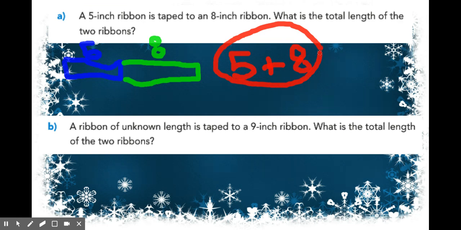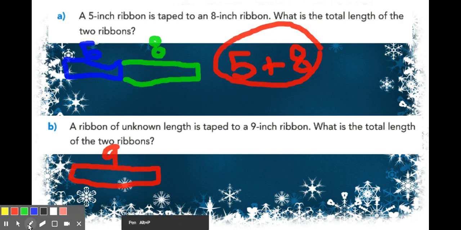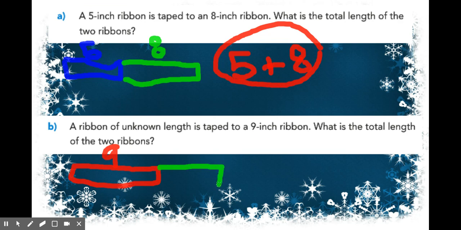Looking at example B, it says a ribbon of an unknown length is taped to a 9-inch ribbon. What is the total length of the ribbons? Well, I know I have a 9-inch ribbon. So this is 9 inches. And then I know that a ribbon of an unknown length is taped to that. Because it's unknown, I'm going to choose a variable, because remember, a variable represents an unknown value.